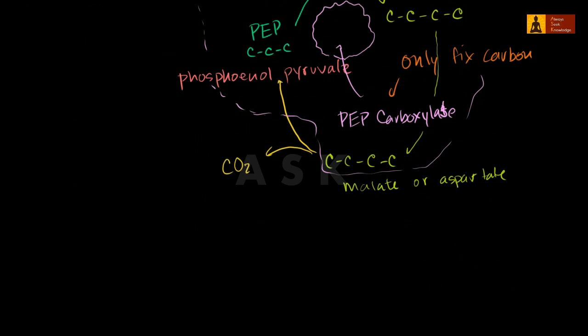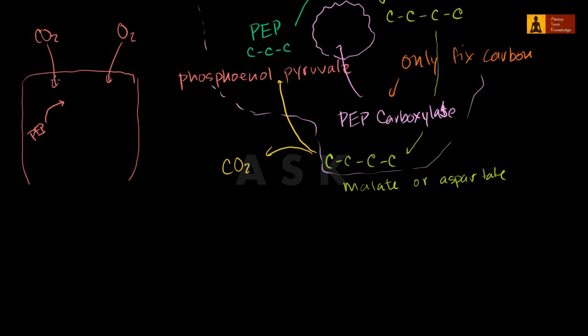So over here, with exposure to the air, you have your mesophyll cell. Air is coming in, O2, CO2, everything is coming in, but only CO2 can be fixed with PEP. So you have the PEP here, the phosphoenolpyruvate.